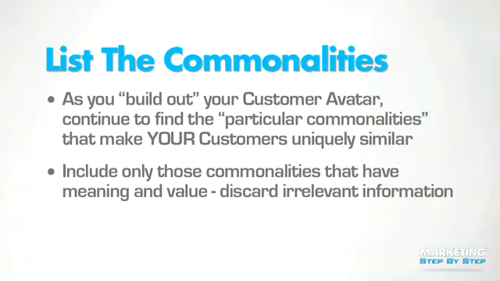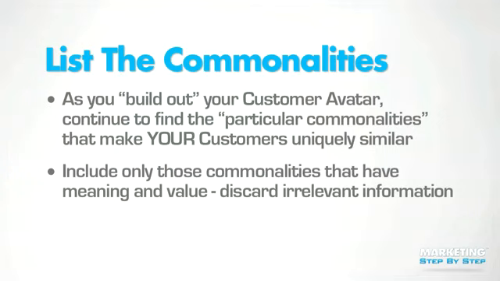Well, as you list all of the traits that your customers have in common, and then you imagine combining them all together into one person, now you're creating what I call your customer avatar. Again, including only those commonalities that have meaning and value and discarding the irrelevant information.